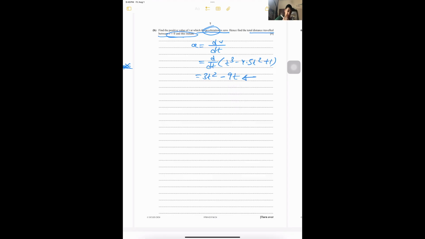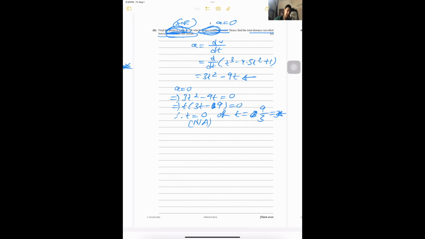That's the acceleration. Now a equal to 0, find the positive value. So 3t squared minus 9t equals 0. Take t common: 3t(t minus 3) equals 0. Therefore t equals 0, not applicable as they mentioned, or t equals 9 over 3, which is 3.